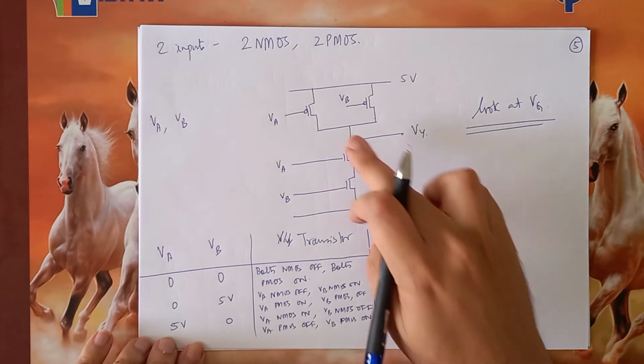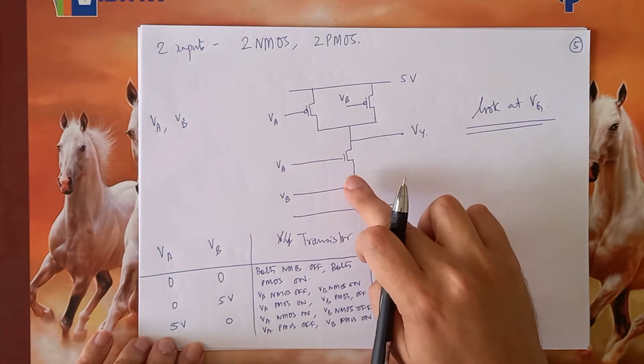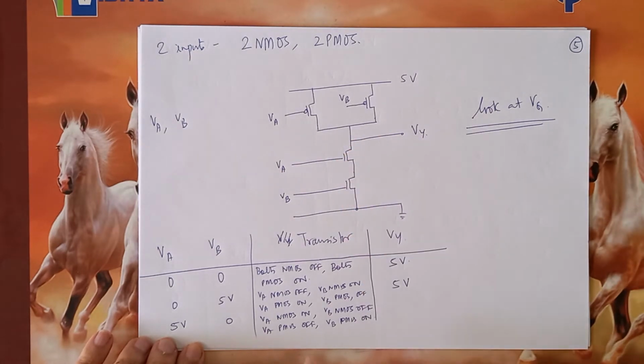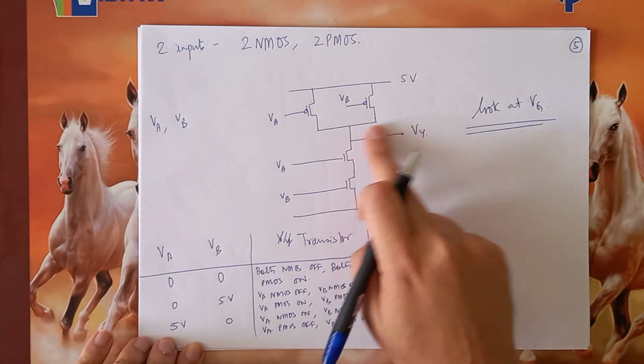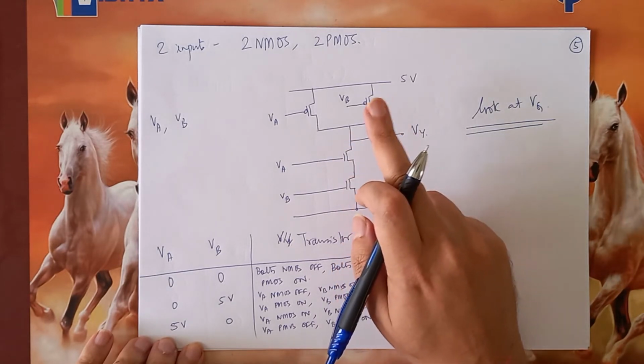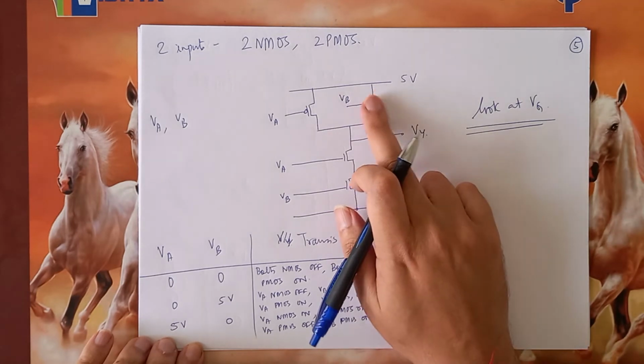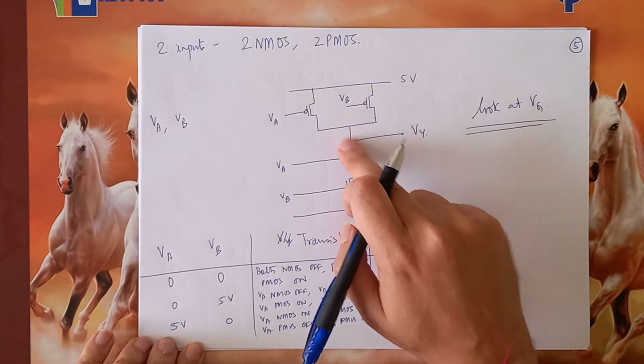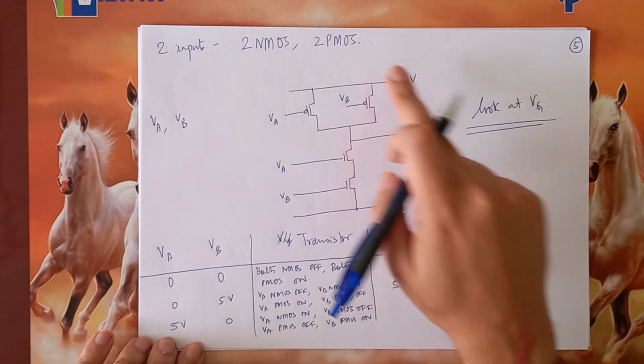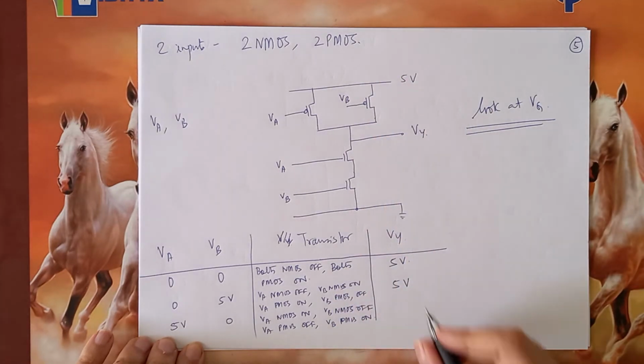So what we are seeing again is that since this transistor is off, there will be no connection between VY and ground. But now since the VB PMOS is on, there will be a direct connection between VY and 5 volts. So the output will be 5 volts.